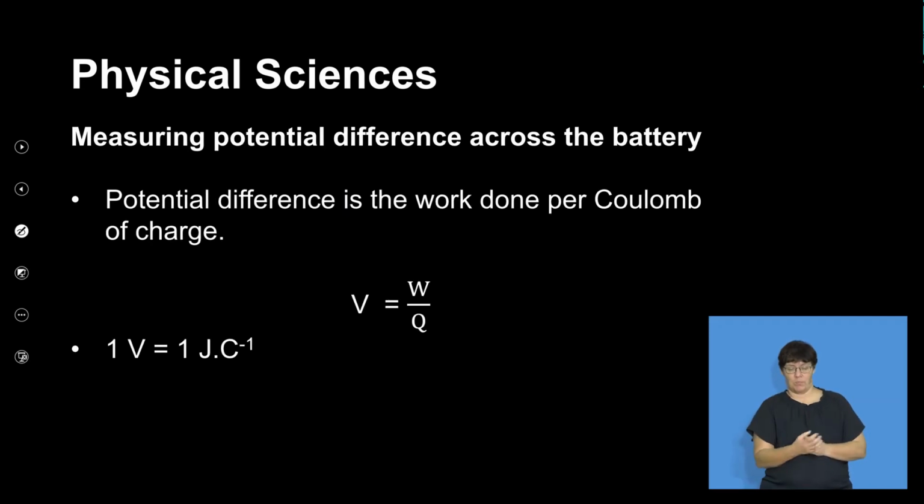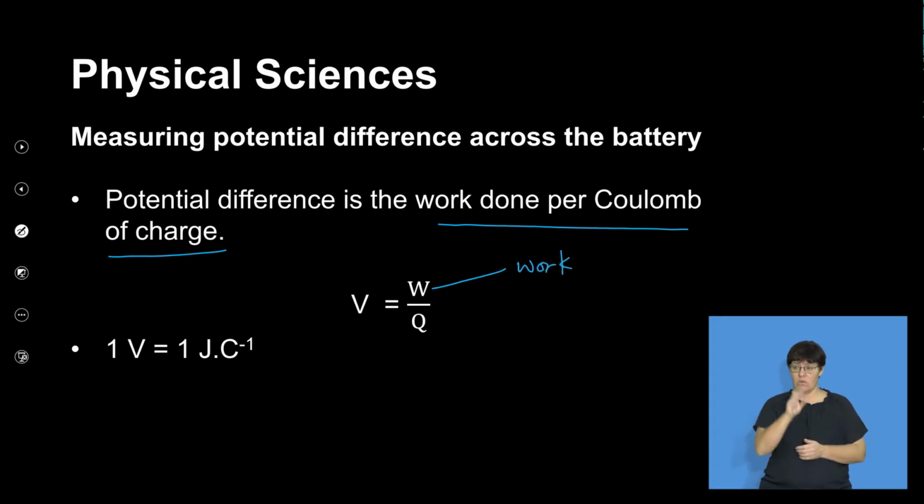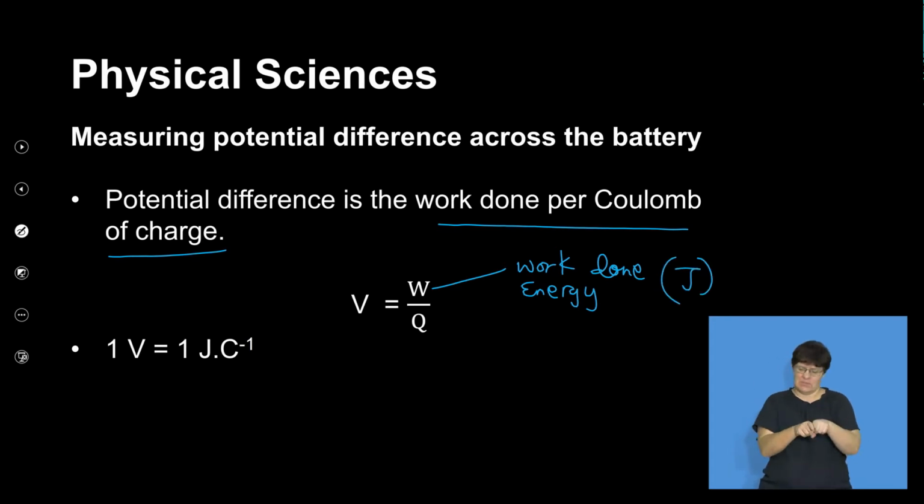Okay, right. Now, what is potential difference as a physical quantity? It is the work done per coulomb of charge. So W is work done, or energy, right? Work is energy and energy is work. This is measured in joules, while Q stands for charge.